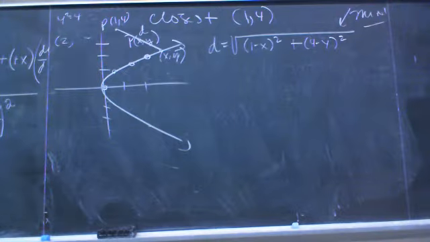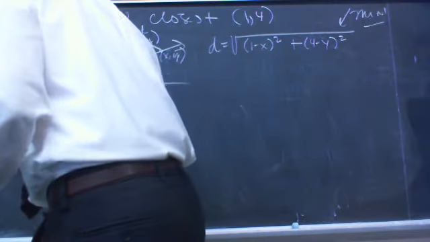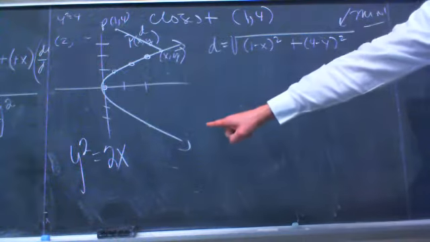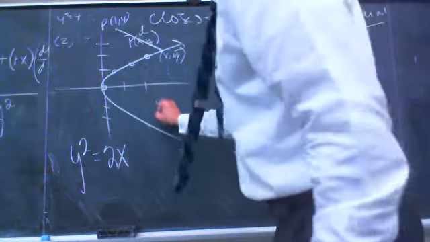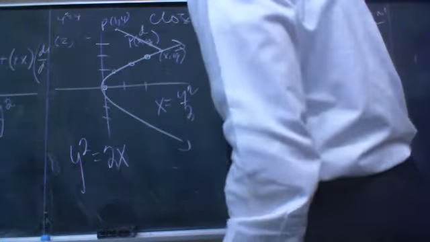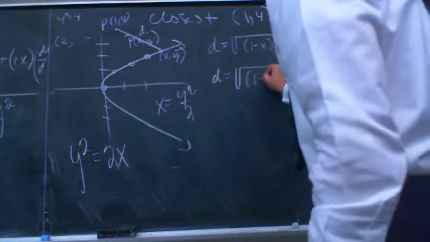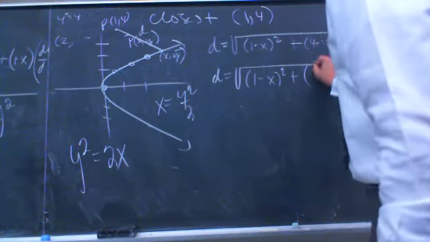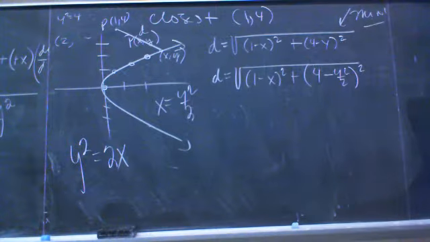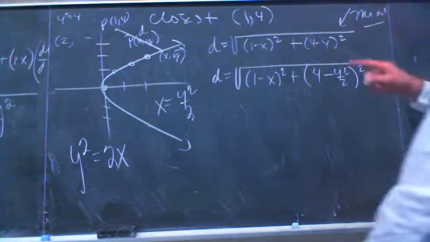We do know something. We do know that y squared equals 4x. So I can solve that for x, which would be a lot easier, and x equals y squared over 4. So then I'm going to have it become the square root of 1 minus y squared over 4, squared, plus 4 minus y, squared. It should be 4 for x, thank you.